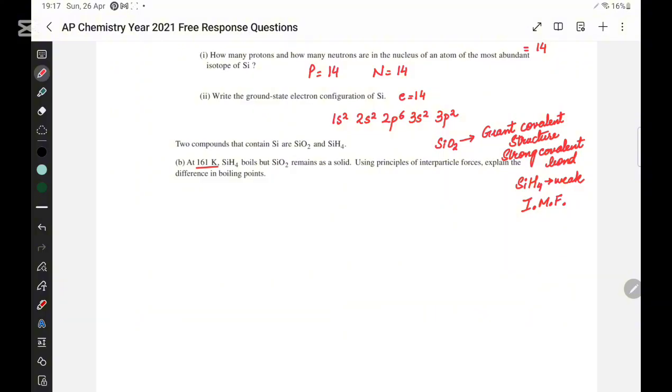So that's why it is going to have a lower boiling point, while silicon dioxide, having a giant covalent structure with strong covalent bonds, has a high boiling point.